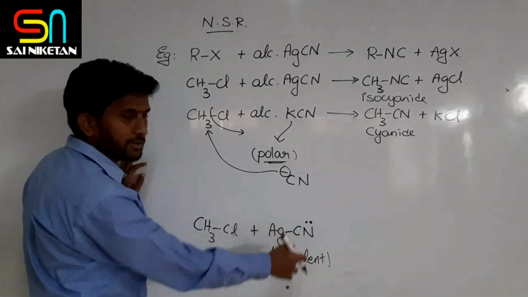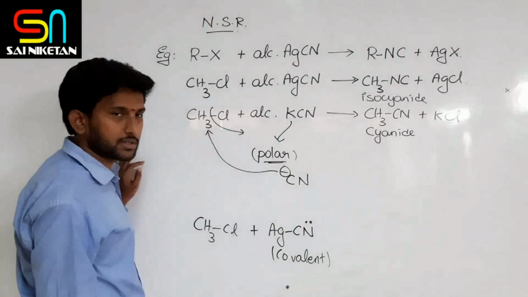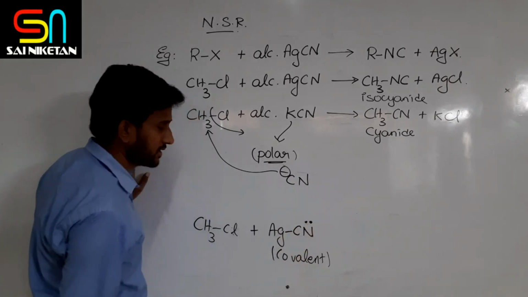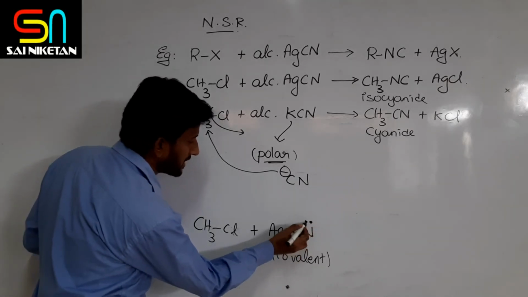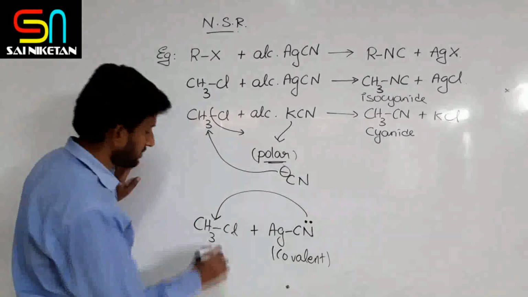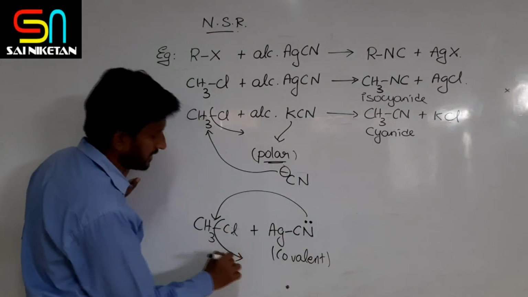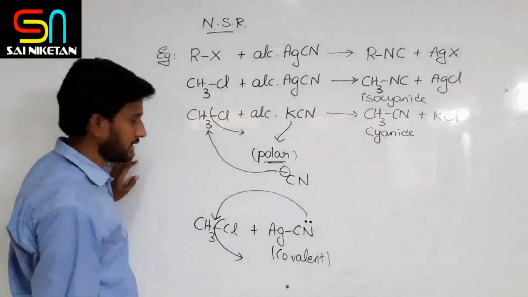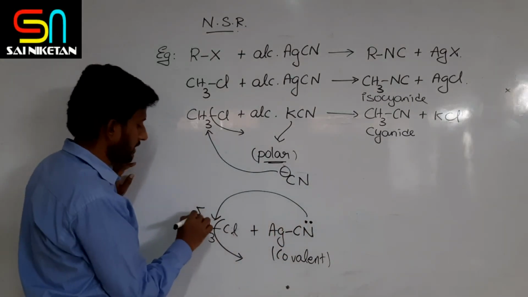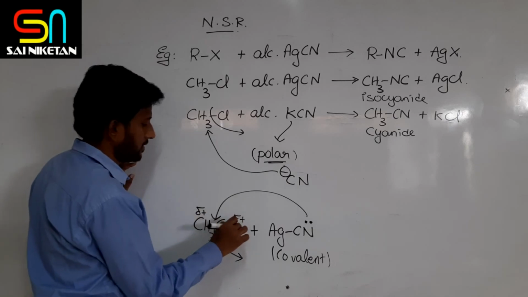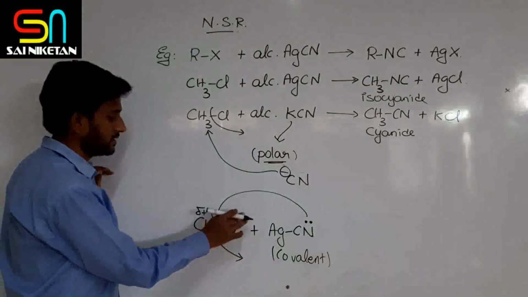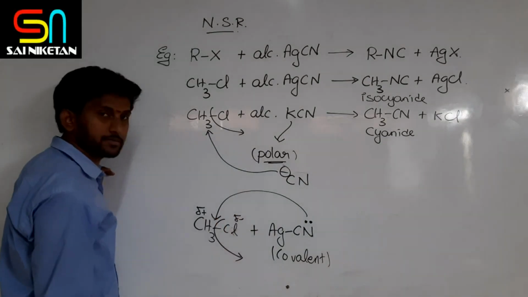It readily will not give cyanide ions in the solution. So the next possibility is, the lone pair that is present on the nitrogen atom will initiate the nucleophilic reaction. That is, here nitrogen's lone pair is replacing the Cl minus ion.